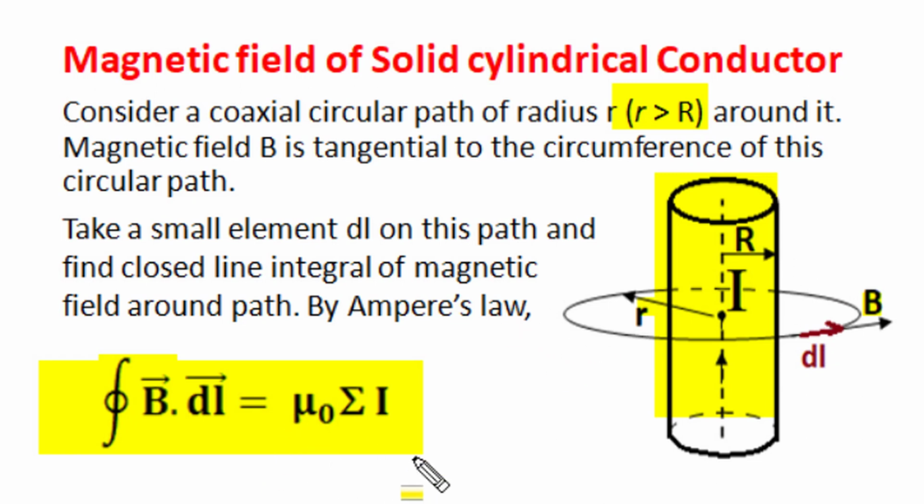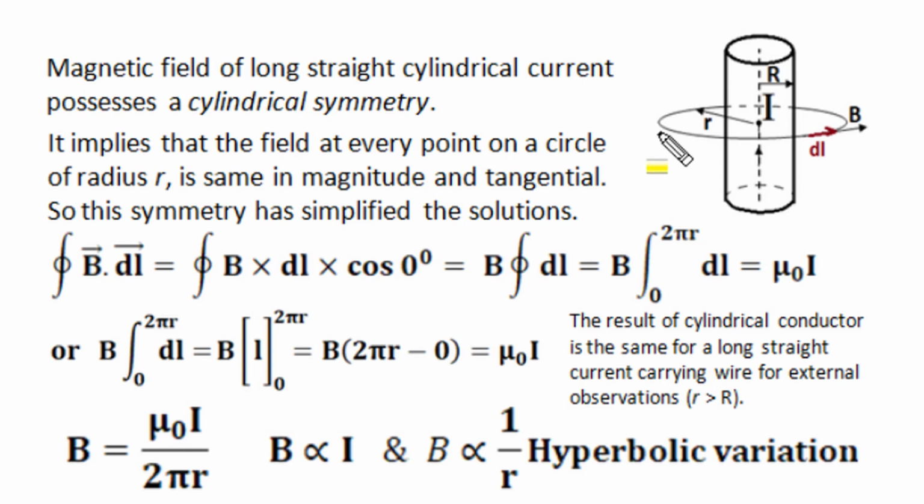So this becomes mu 0 times I, where I is the current of the cylindrical conductor. The magnetic field produced by this long straight cylindrical current-carrying conductor around it at an outside position has a cylindrical symmetry. That means the magnetic flux density everywhere on this circular path has the same uniform magnitude, and it is tangential to the circumference of this circular path.